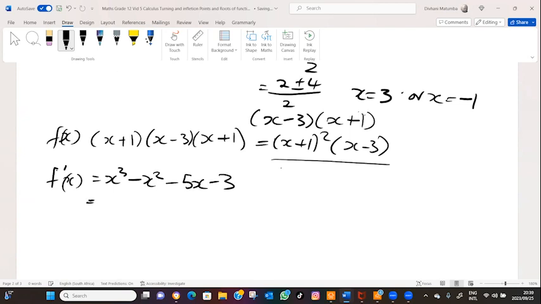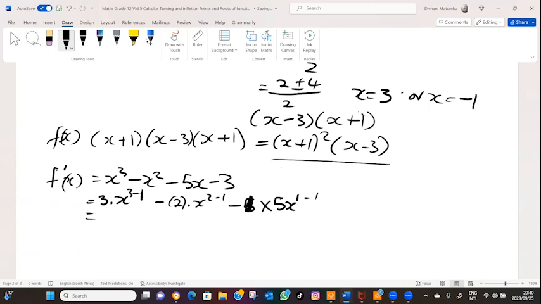Now, the derivative of that equation will be 3 times x to the power 3 minus 1, minus 2 times x to the power of 2 minus 1, and minus 5 times 1 times x to the power of 1 minus 1. The derivative of the constant is 0, always.